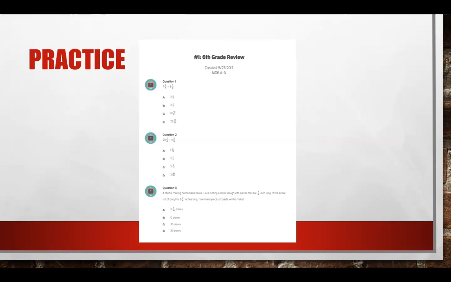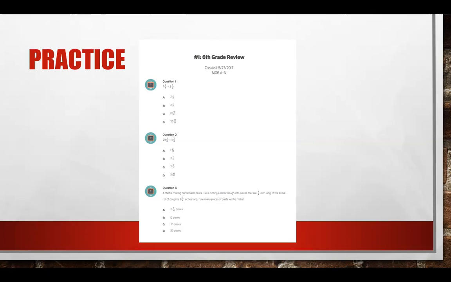Correct. 183 plus 1 is 184 over 6, divided by 3 times 11, which is 33, plus 2 is 35 over 3.